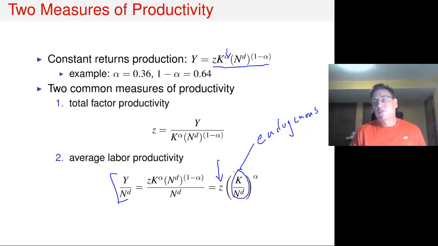So what that means is if you see that average labor productivity has changed, you don't know whether that's happened because of something exogenous, meaning the TFP shock, or something endogenous, something having to do with the amount of employment. So Z really is an exogenous object, at least given this production technology. But the downside to Z is you have to make some assumption about what the production function looks like. And you have to know something about what this alpha parameter is.